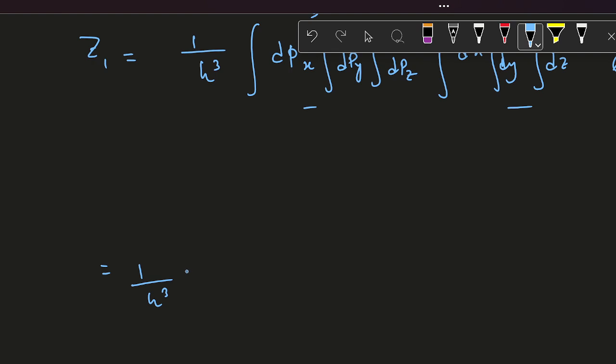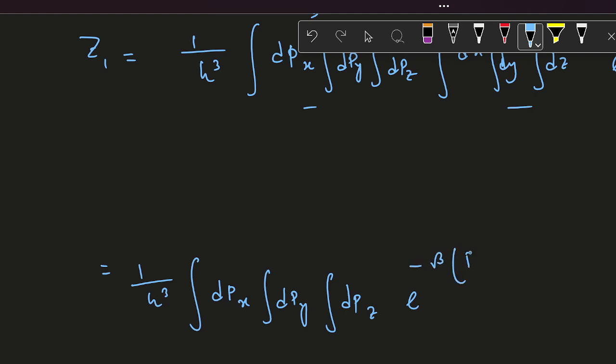First of all, h cube constant to the other side, then just leave the momentum integrals to one side first and let us deal with the other ones. So this is e to the power of minus beta, then this whole momentum factor we just keep to the left for solving later. So this we do not touch now.